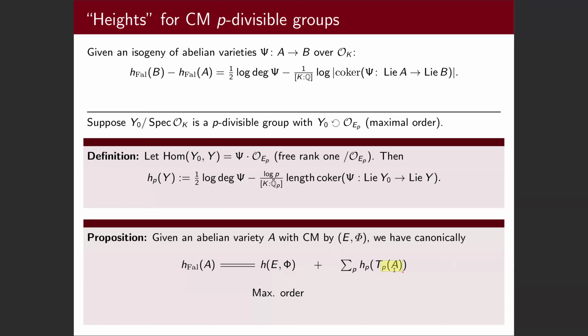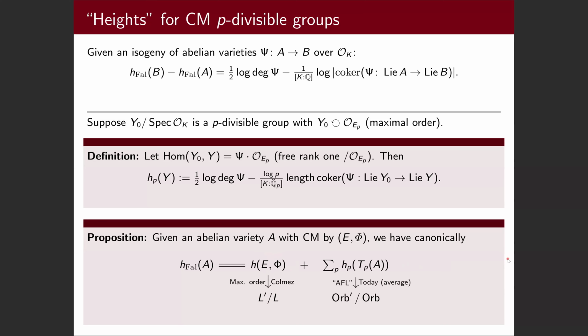So Tp of A is some p-adic lattice. I can take what I was calling the height function of this p-adic lattice, and I get something valued in Q times log p. The conjecture of Kolmez is that the height of the CM abelian variety in the maximal order case should be related to a log derivative of an L-function.